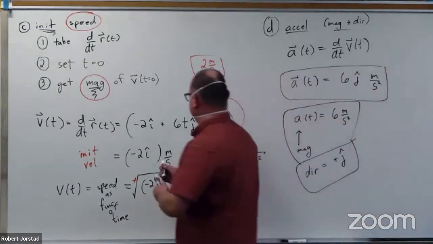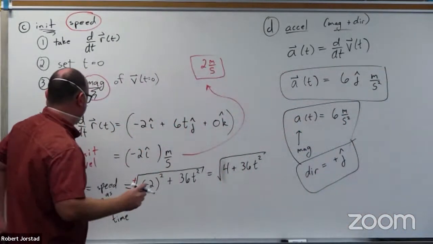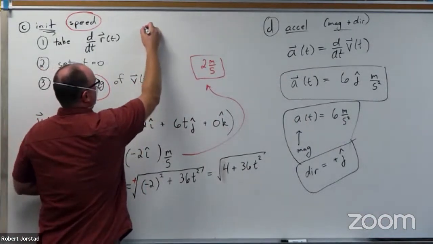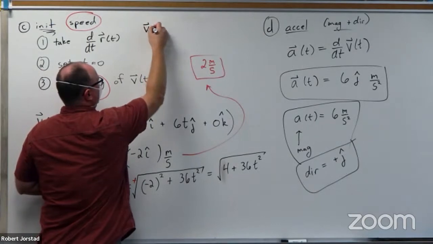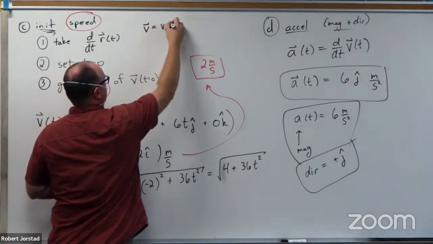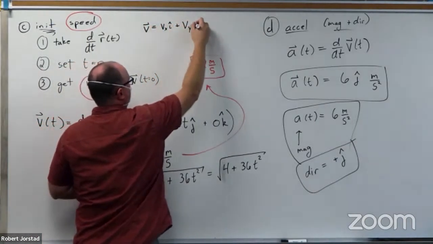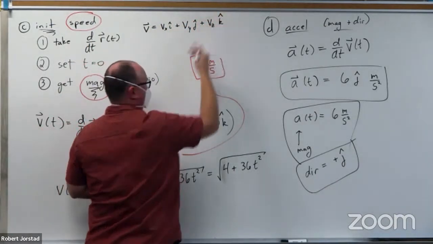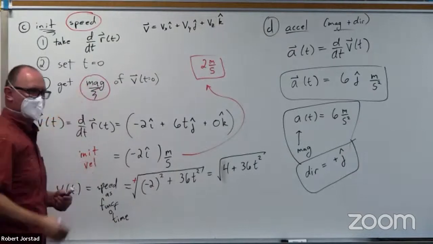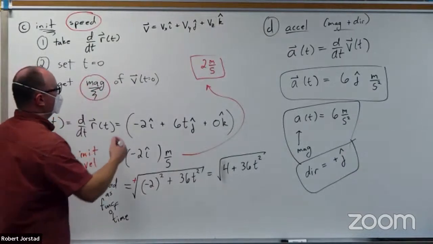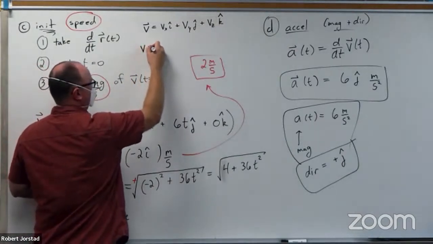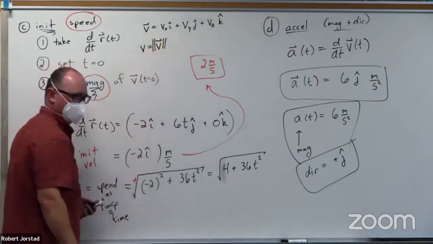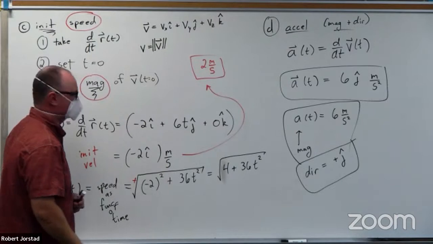So yes, to be clear here, if we wanted to get the magnitude of a vector, let's say our velocity vector was Vx in the i hat plus Vy in the j hat plus Vz in the k hat. In general, that would be an arbitrary vector. You agree? The magnitude of V, sometimes we'll write it like this. We'll put these double absolute values on there for vector norm in a math class.